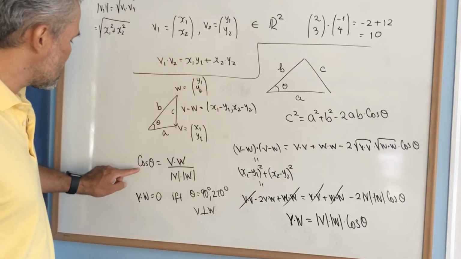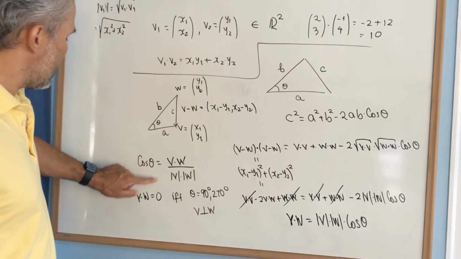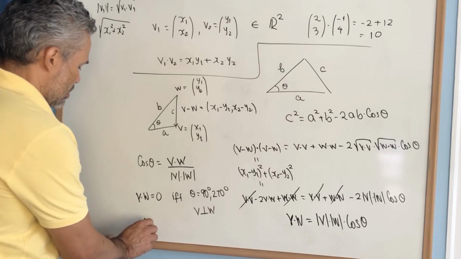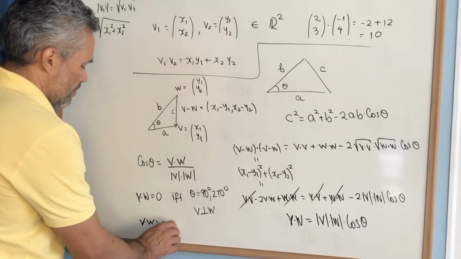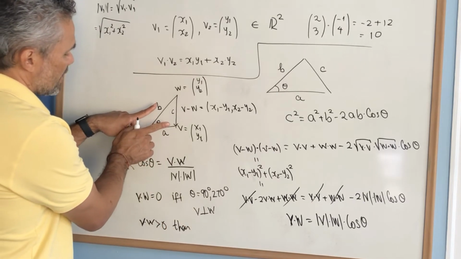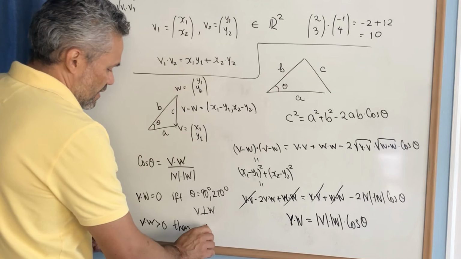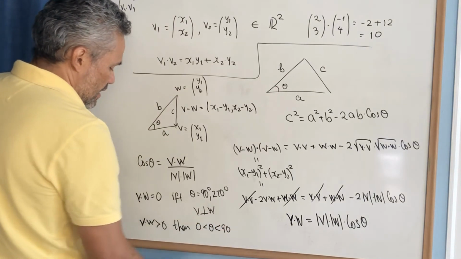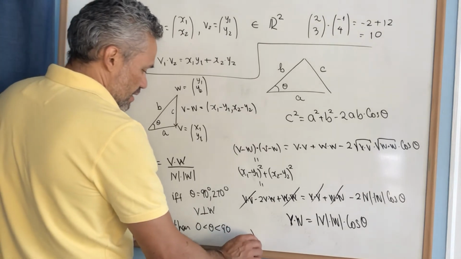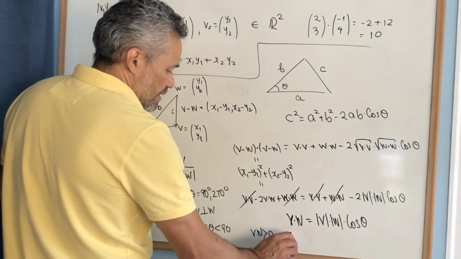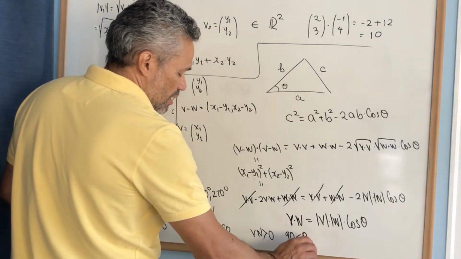We can also say that if this inner product is bigger than 0, then the angle is an acute angle, so theta is between 0 and 90. And when the dot product is smaller than 0, then the angle is an obtuse angle.